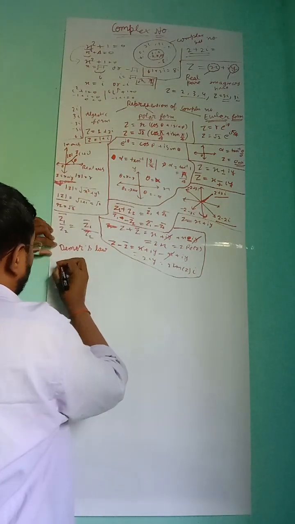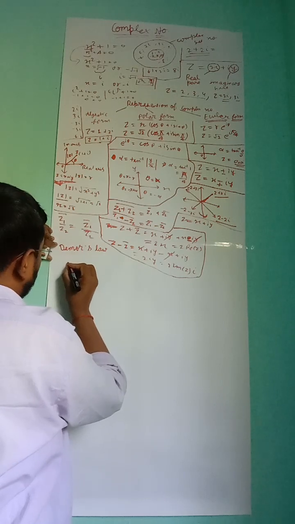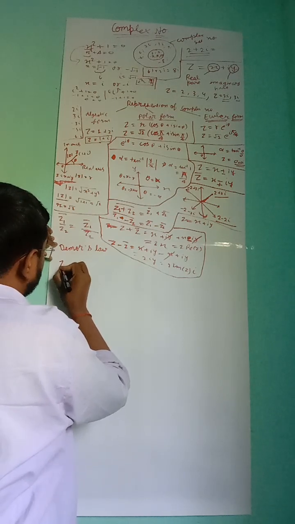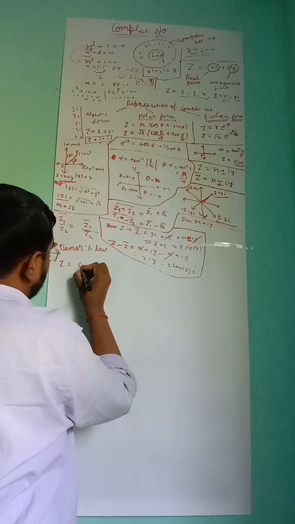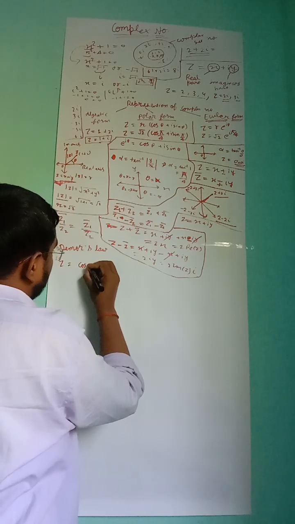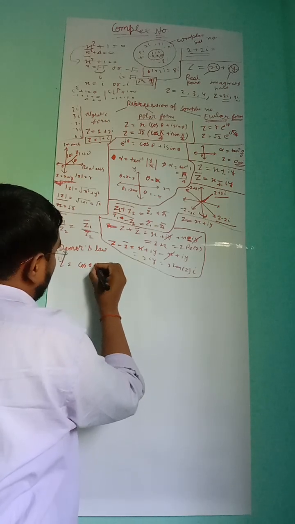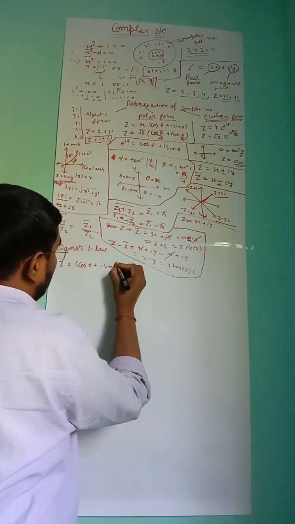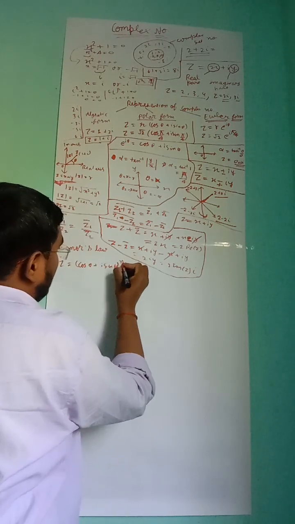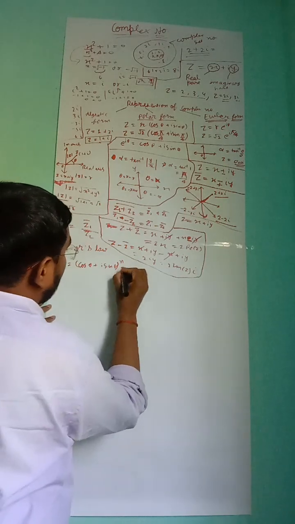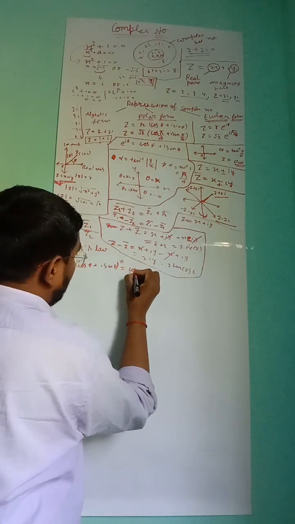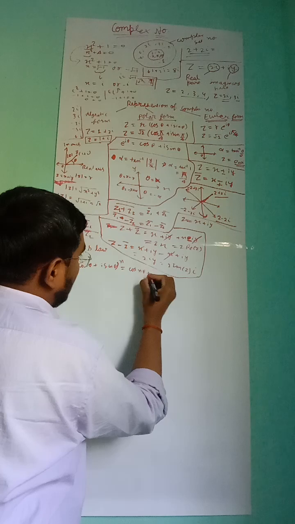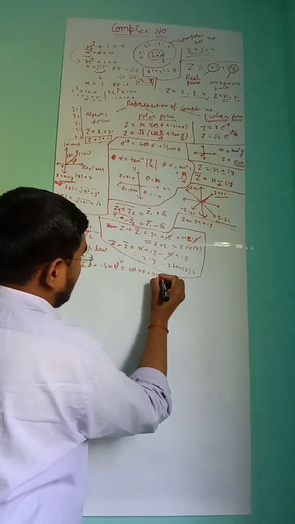Suppose any number, my z is (cos theta plus I sin theta) power n, then by De Moivre's law it will become cos n theta plus I sin n theta.